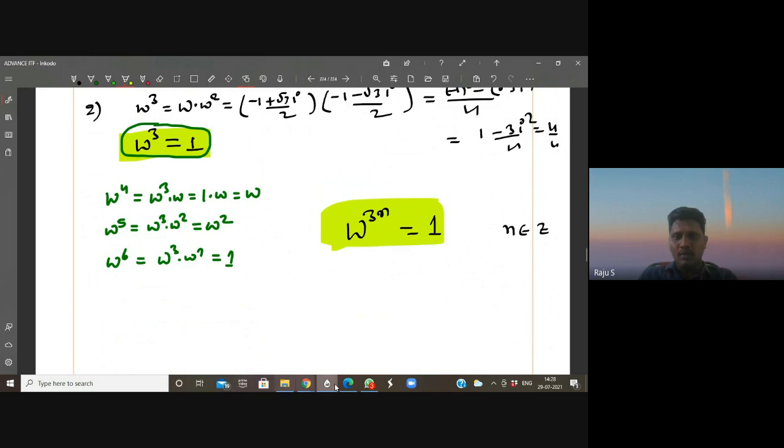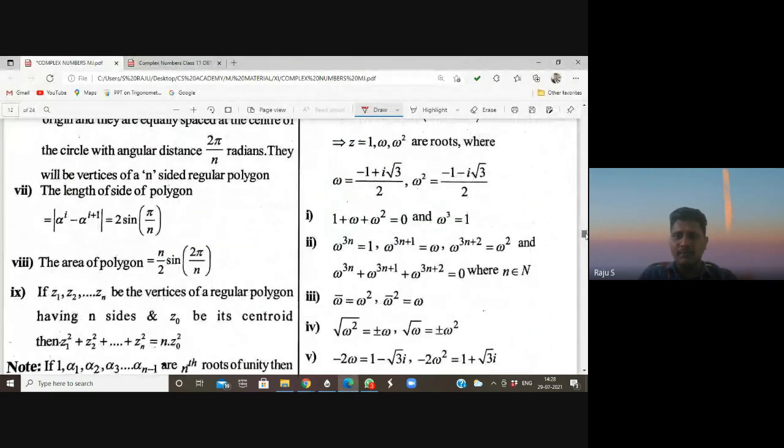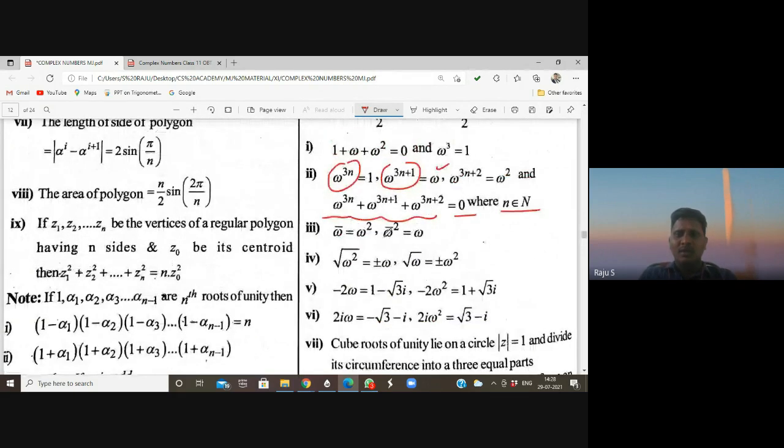Next one is about the cube root of unity. Simply remember, omega power 3n is 1, power 3n plus 1 is omega again, and it will repeat. The sum of 3 consecutive powers always becomes 0, where n belongs to Z. The conjugate of omega we will discuss with an example.